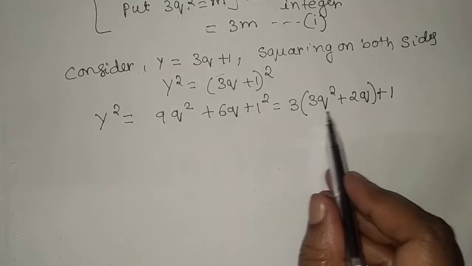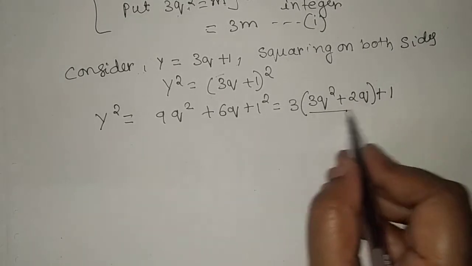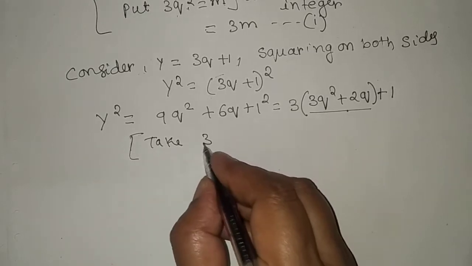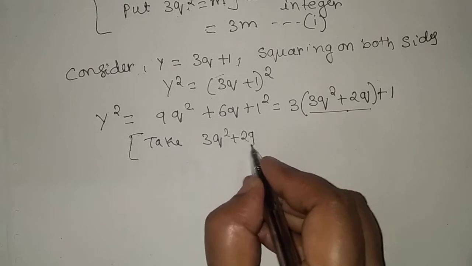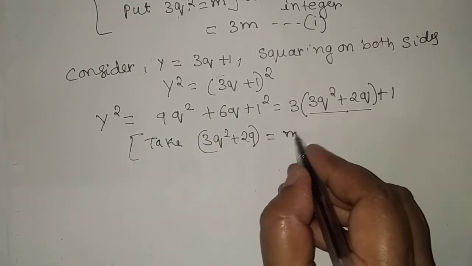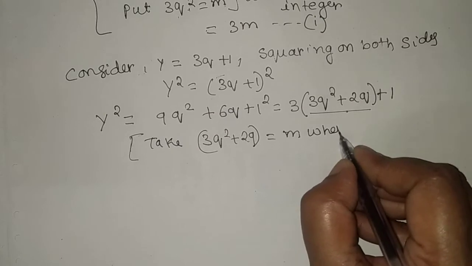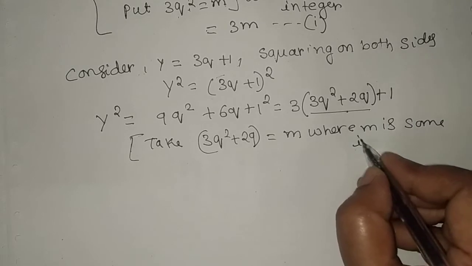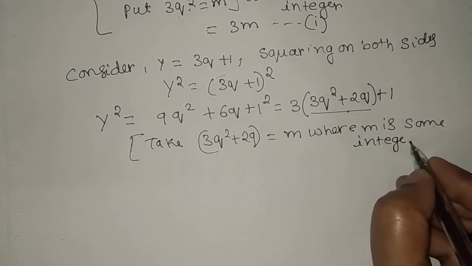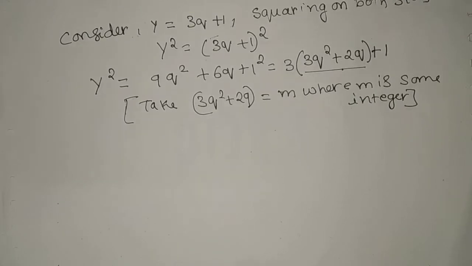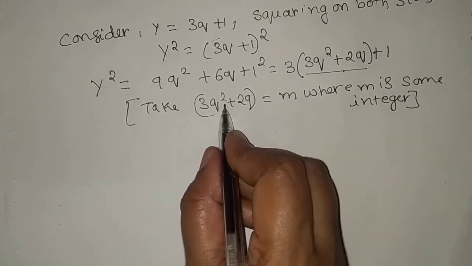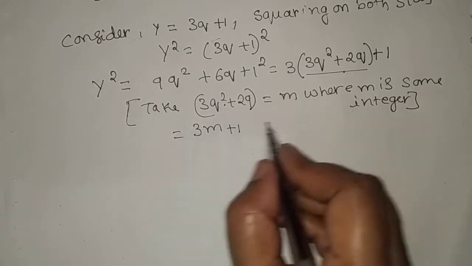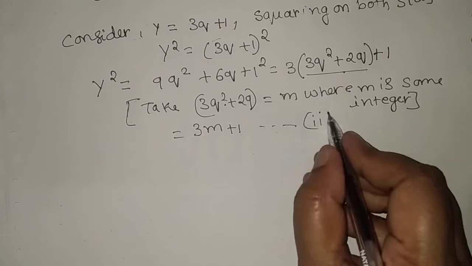Now again substituting, take 3q square plus 2q is equal to m. Same thing we have to write, where m is some integer. After this, next step is substitute m here, 3m plus 1 we get. So this will be the second equation.